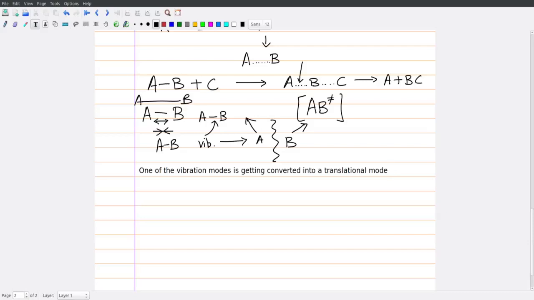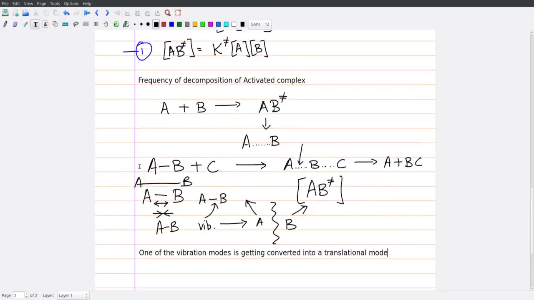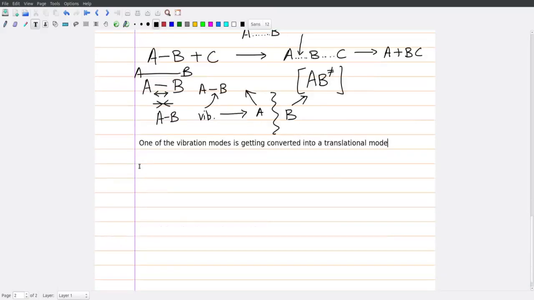Now our task is to identify this vibrational energy. If we are able to identify this vibrational energy and the frequency of vibration, we can understand how quickly this activated complex can decompose.